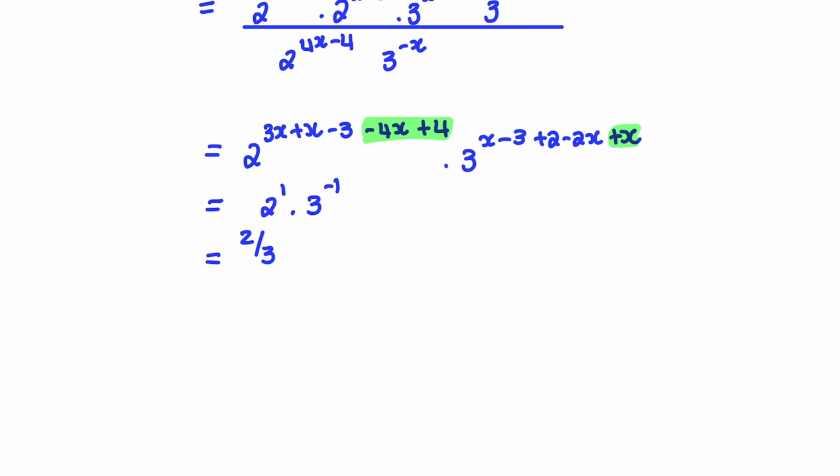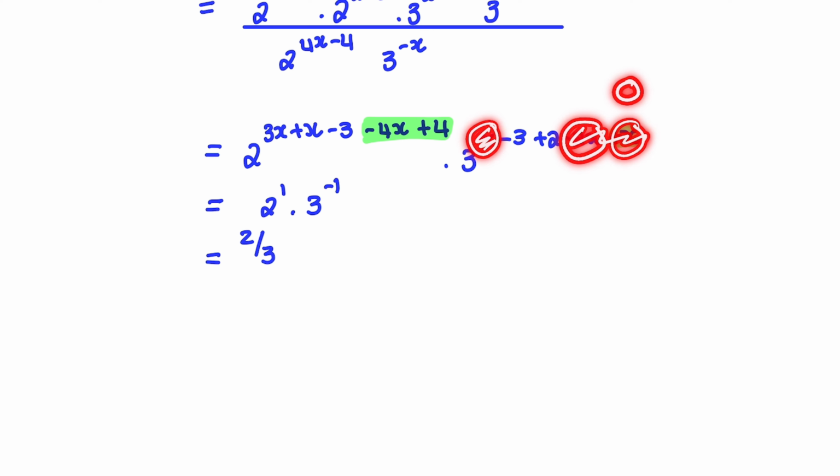And now it's quite simple. We add all the like terms together. So 3x plus x is 4x minus 4x, so that becomes 0. And then we'll have negative 3 plus 4, so it's 2 to the power of 1. For the base of 3, we have x minus 2x plus x, which becomes 0.